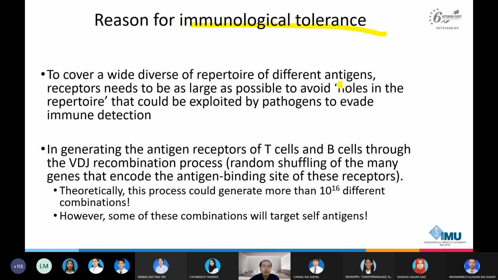So the reason for immunological tolerance, sorry, it's quite wordy here. In order to cover a diverse repertoire of different antigens, the receptor repertoire needs to be as large as possible. In doing so, through the VDJ recombination process, random shuffling of many genes allows the generation of about 10 to the power 16 different combinations.